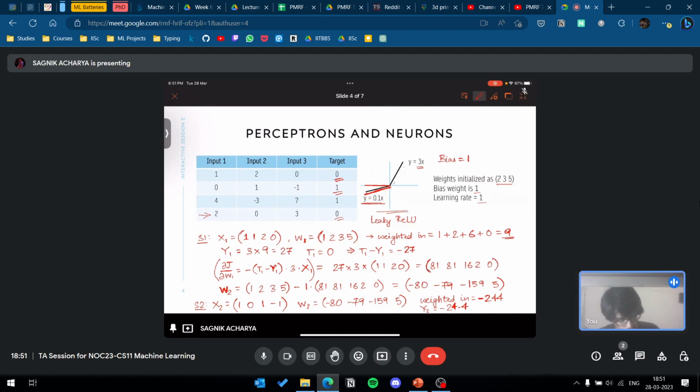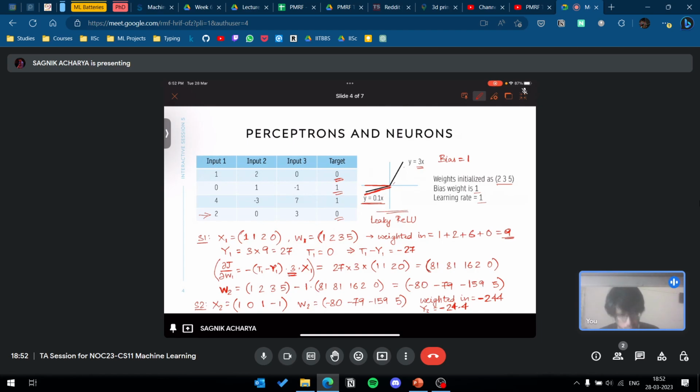So the output from the second example, so the y from my second example will be minus 24.4. And again I have all my derivatives, and you have to be careful to change this derivative based on whether you're using the positive branch or the negative branch, right? So that is what I wanted to highlight in this question.